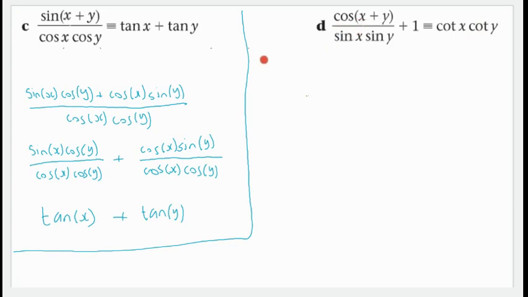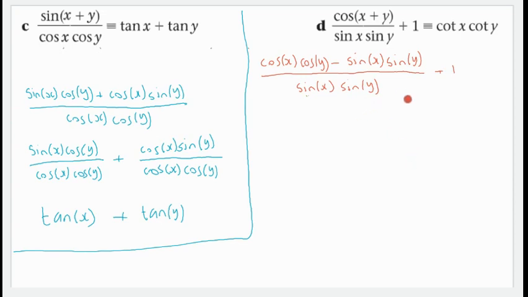So the top bit expands to cos x cos y minus sine x sine y. And that's all divided by sine x sine y. And we are adding 1 to that.